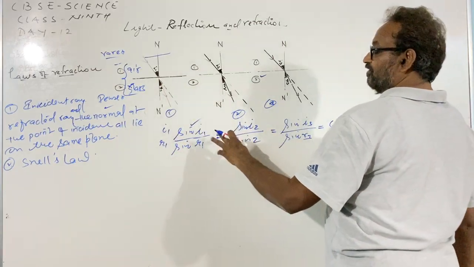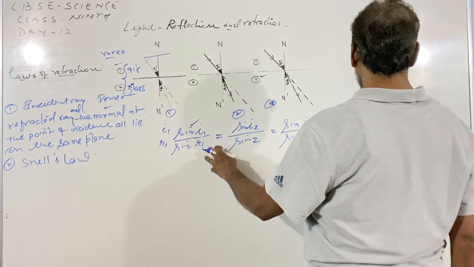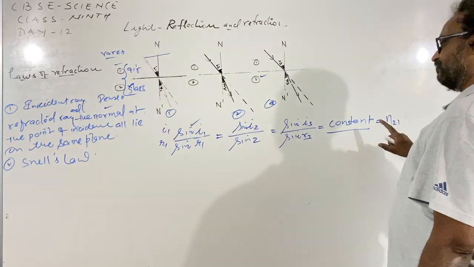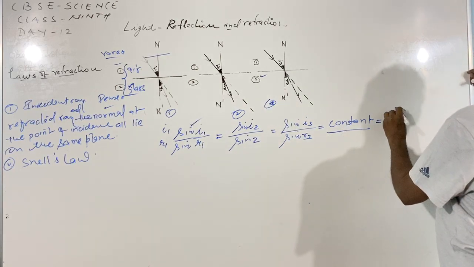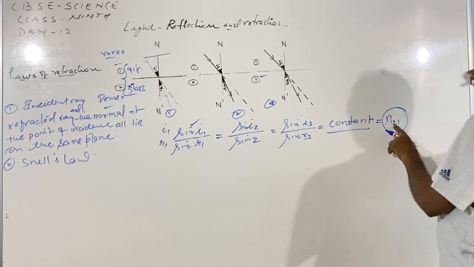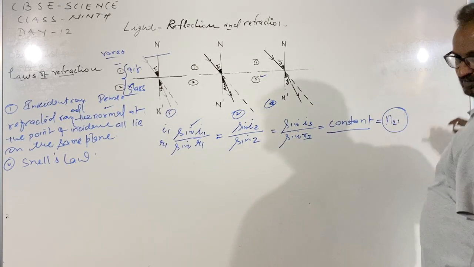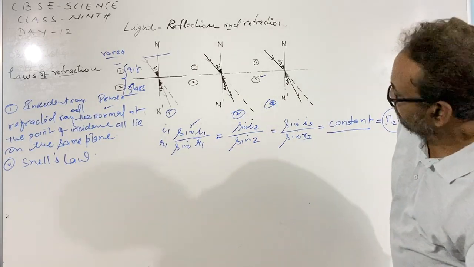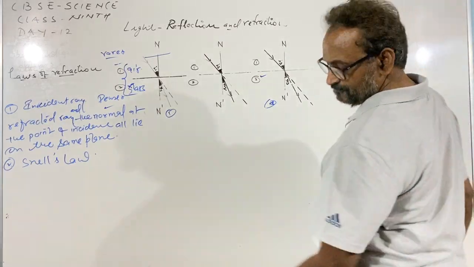Then the ratio of sine of angle of incidence to the sine of angle of refraction is constant. And what does this constant call? This constant is called refractive index of the second medium with respect to first medium. So let us generalize it.